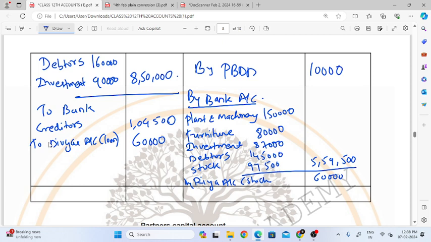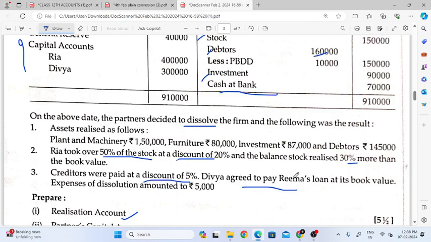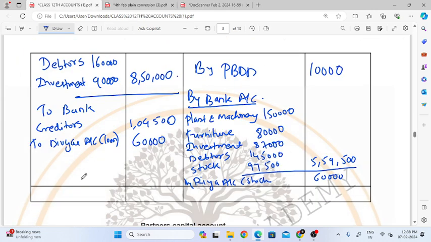So here Divya's capital account will come. Then the next is expenses of dissolution amounting to 5,000. So here to bank, dissolution expenses, which amounted to 5,000.